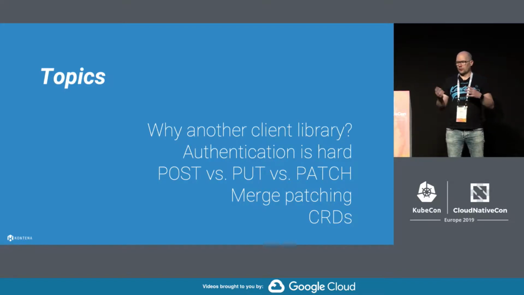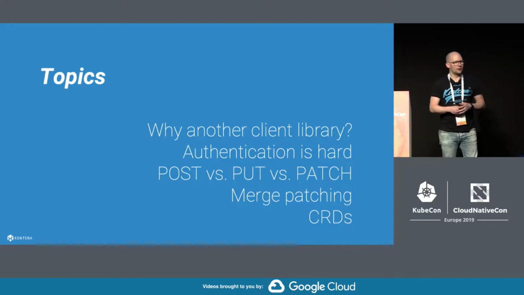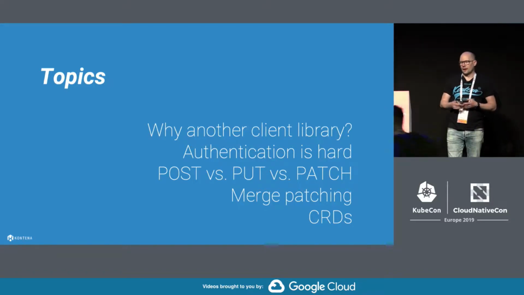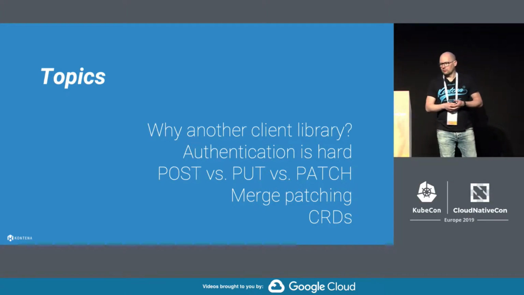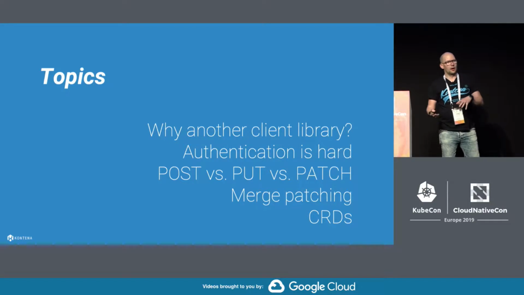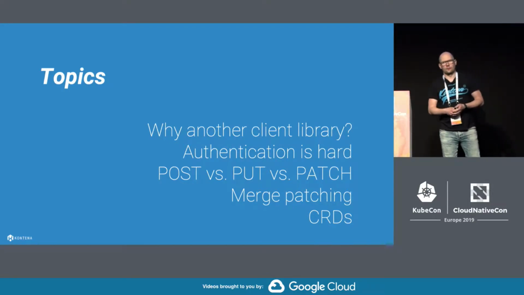Then we'll go to posting, putting, and patching of resources, and a few words on the different merge patch styles which you can use with the Kubernetes API. And then at last we'll talk about CRDs, these custom resources, and how they can make life difficult from the client point of view.